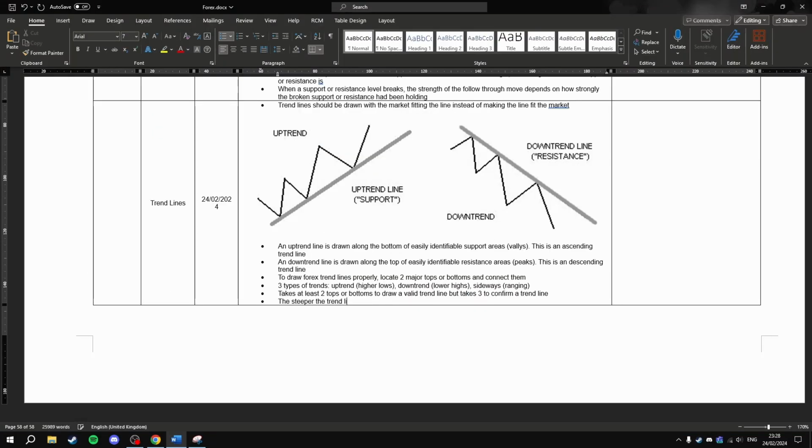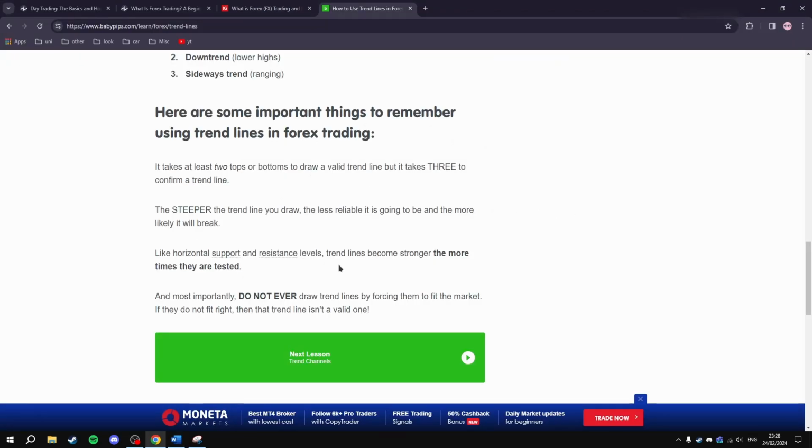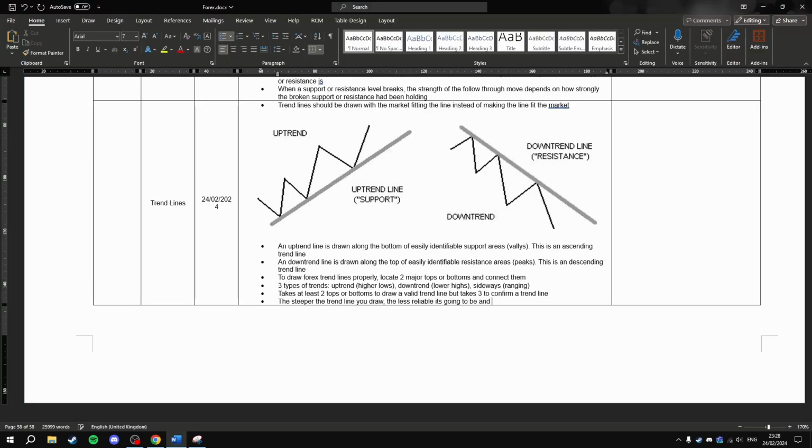The steeper the trend line you draw, the less reliable it's going to be, and the more likely it will break.